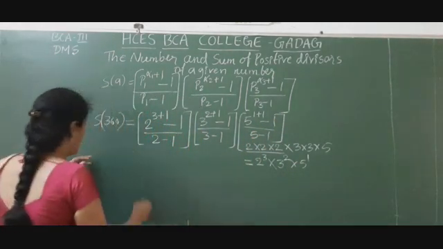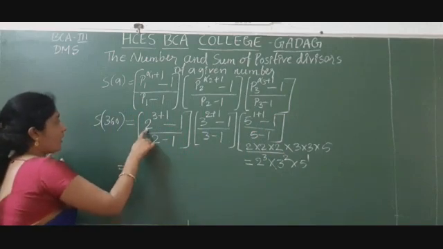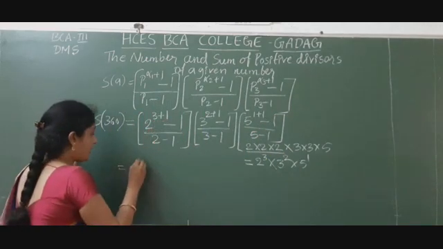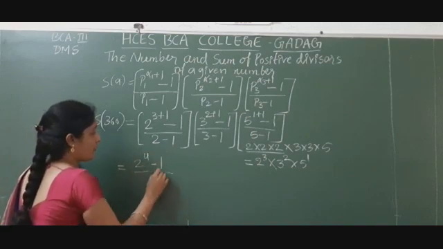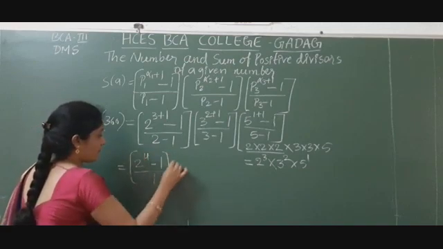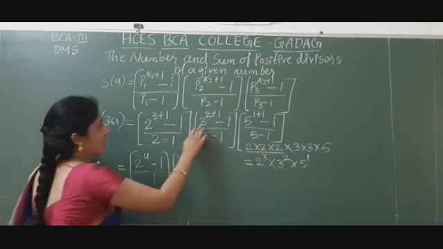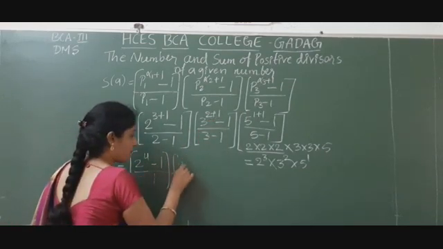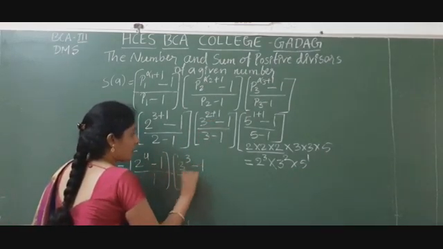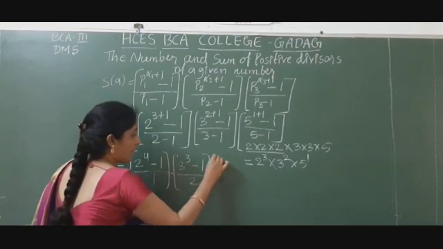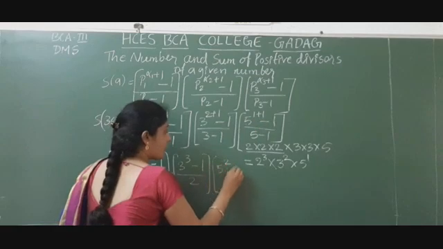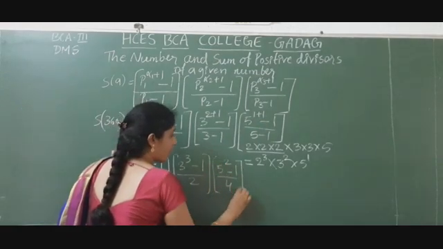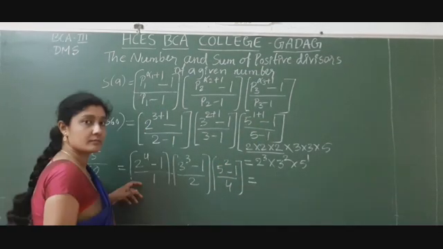Okay. Now let us continue this. 2 raised to 3 plus 1, that is 2 raised to 4, minus 1, divided by 2 minus 1, that is 1. Next, 3 raised to 3 minus 1 divided by 2. Next, 5 raised to 2 minus 1 divided by 4. Okay.